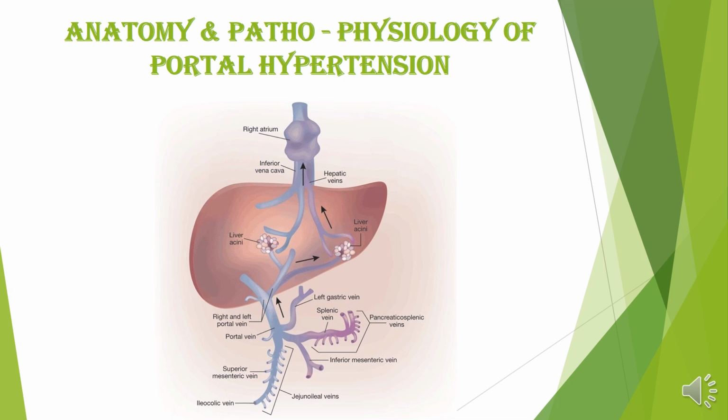The left gastric vein from the stomach also drains into this portal vein, and this portal vein enters into the liver and divides into the right and left portal vein. Eventually the blood flows into the liver sinusoids, and after all the metabolism, the blood drains through the hepatic veins into the IVC. The left hepatic vein, middle and right hepatic vein into the IVC, and then eventually into the right atrium.